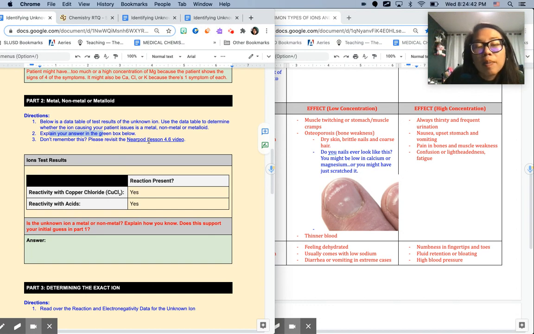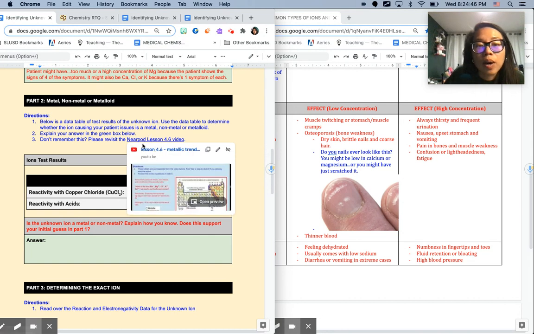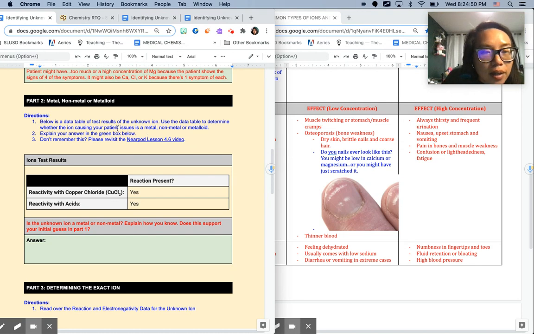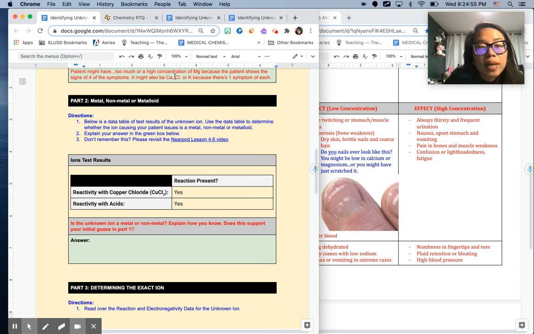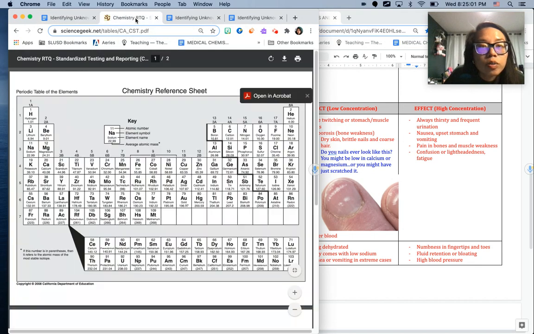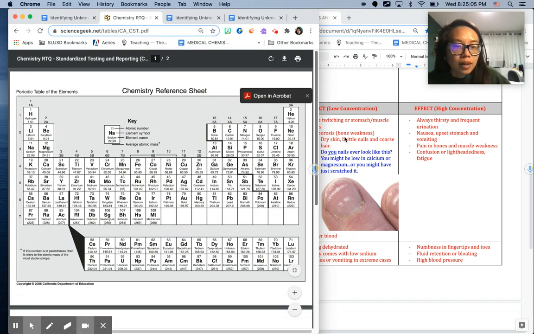And if you don't remember how to tell whether something is a metal or a non-metal, I would highly recommend you watch Nearpod lesson 4.6. So in part 1, we narrowed it down to Ca, Cl, or K. And of those three, I can find them on the periodic table.